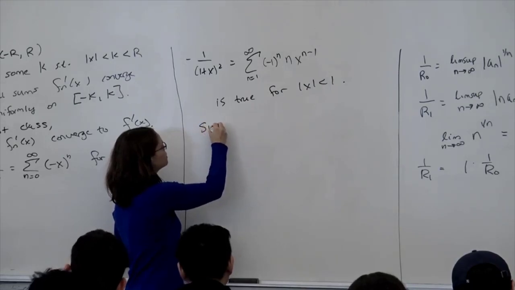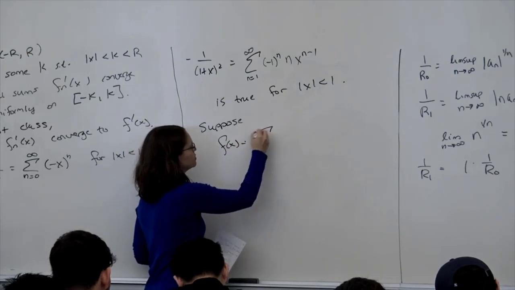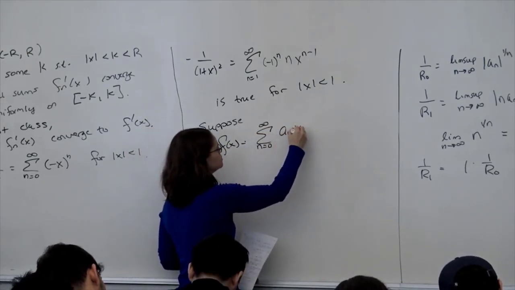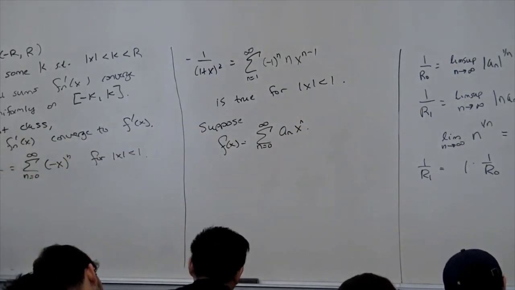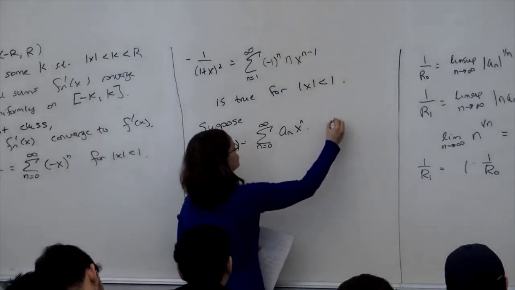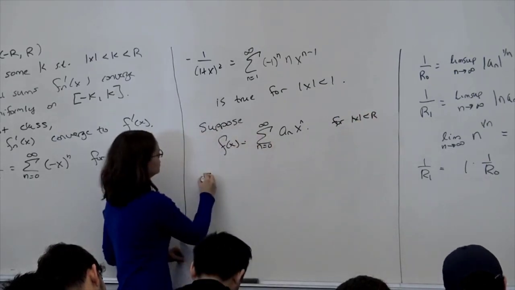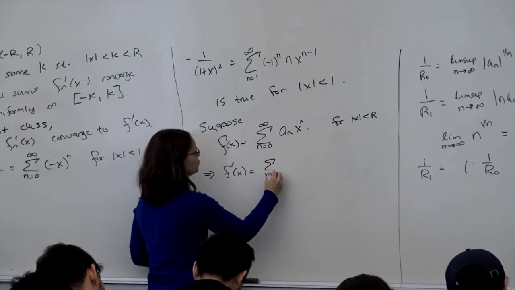So let's suppose we know this. F of x is a power series. We can keep taking derivatives. Okay, so suppose this is true for x less than r.